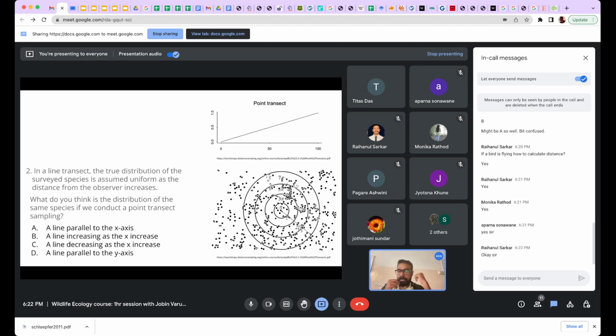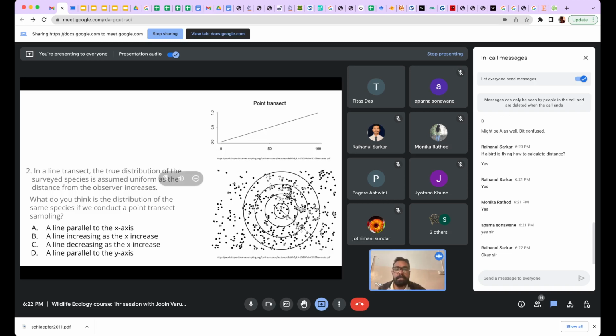Now you can see if the distribution is equal, then the inner circle has fewer birds. If you go to the second circle, you'll have more birds. If you go to the third circle, you will have even more birds. If you go to the fourth circle, you'll have the most birds.